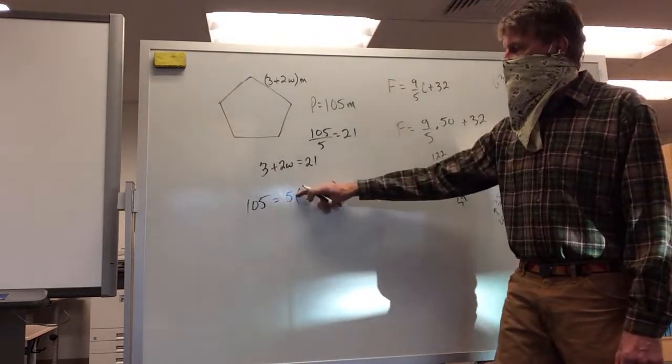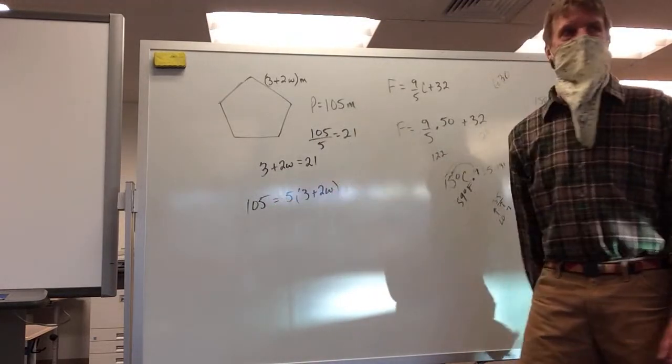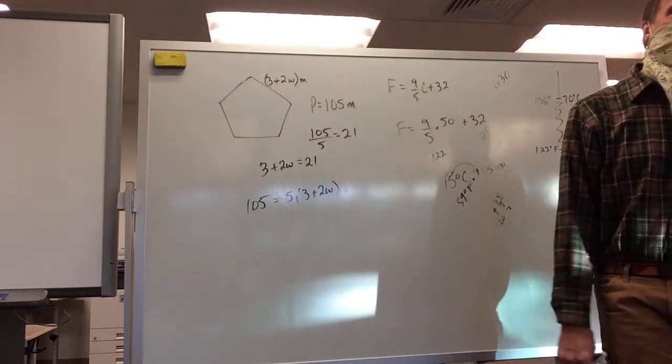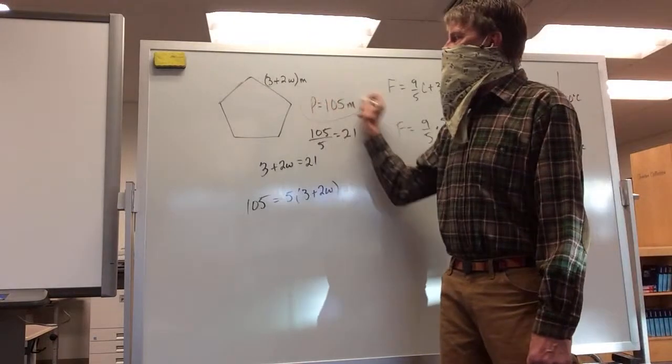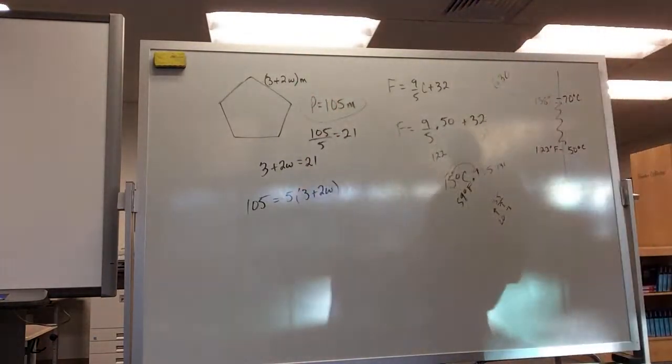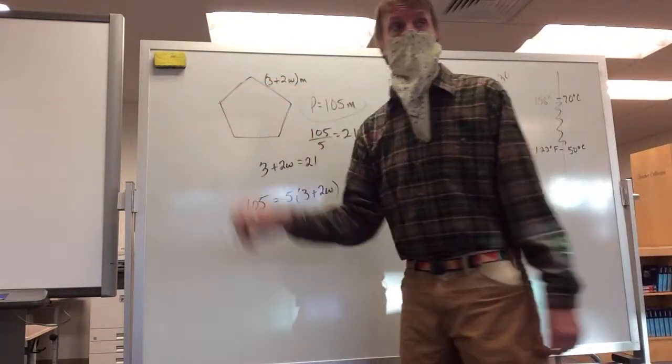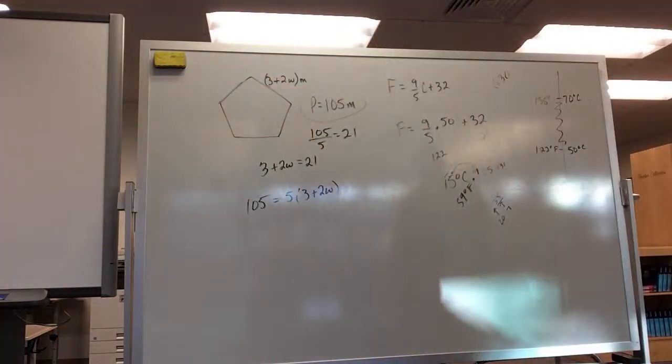And then I've gone and said, well, that's 15 plus 10W, and you don't need to make it that complicated, do you? Just take 1/5 of the perimeter, that makes sense, because it's a regular polygon. Now, sometimes all of the sides are different in length, and then you can't do that. But that's good.